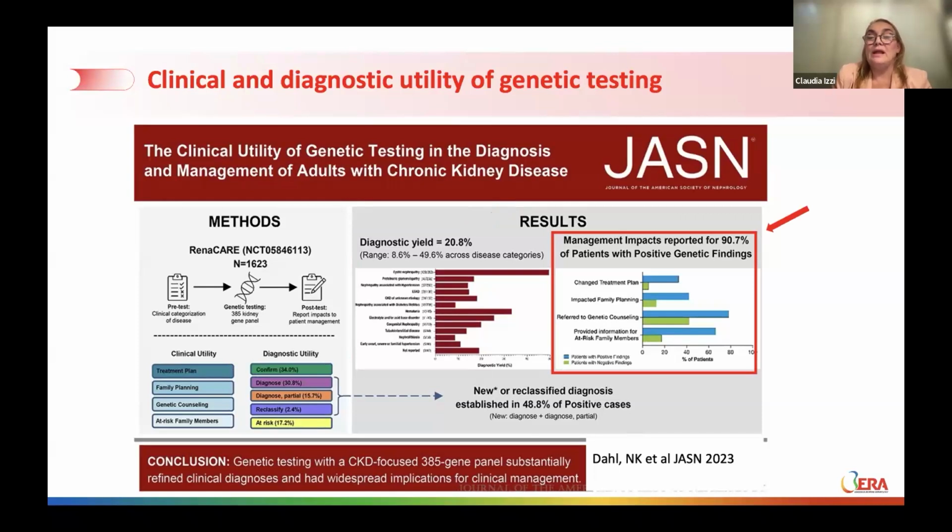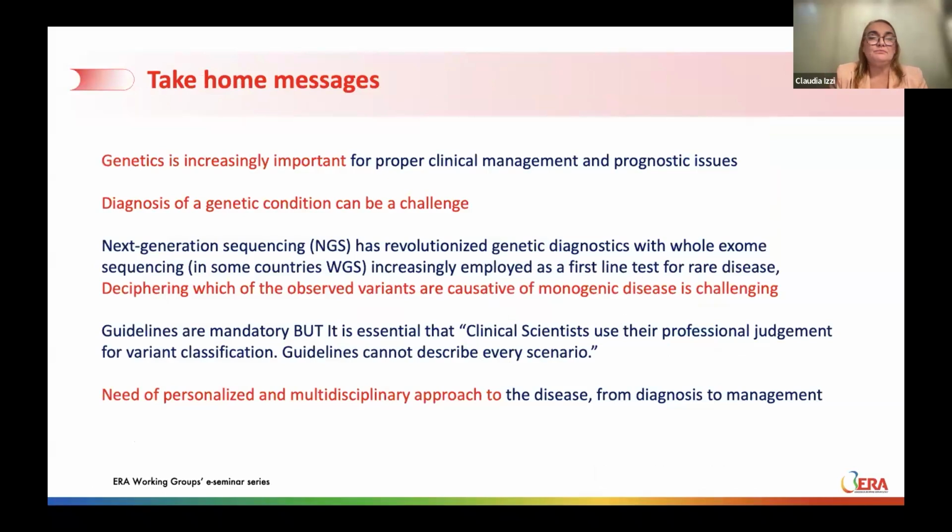It changed treatment plan, impacted family planning, and provided information to other at-risk family members. So my take-home message is that genetics is increasingly important for proper clinical management and prognostic issues.